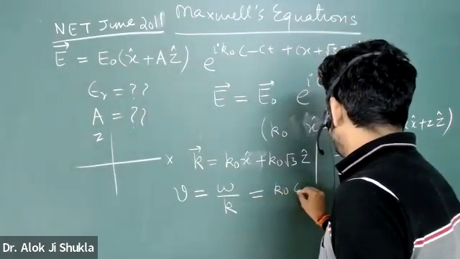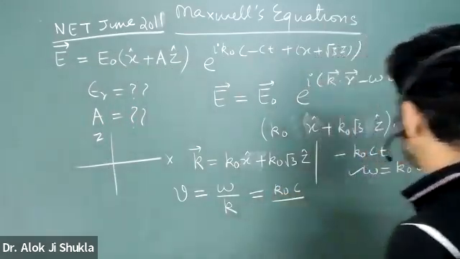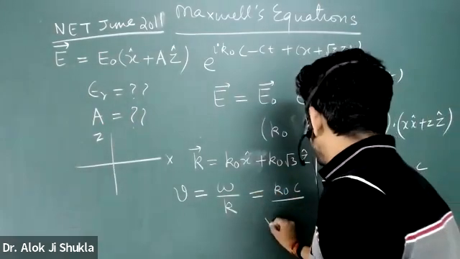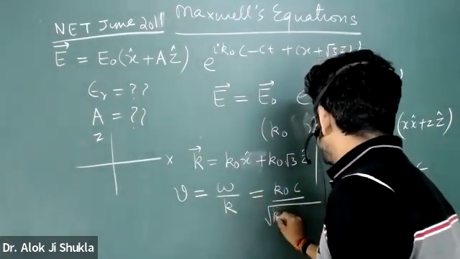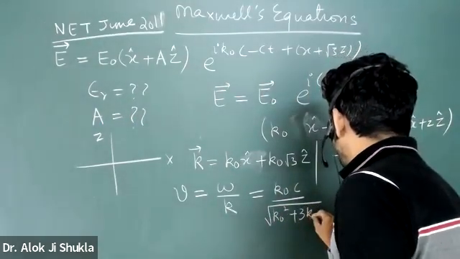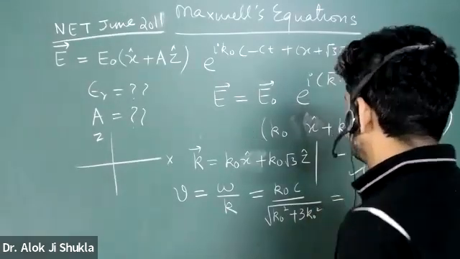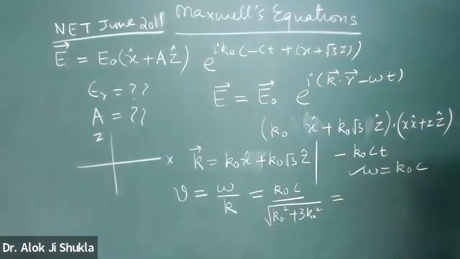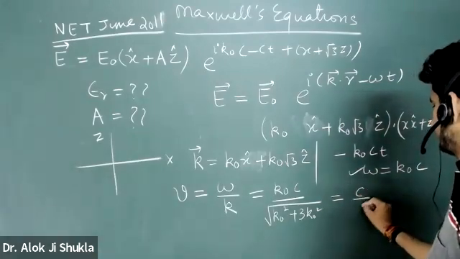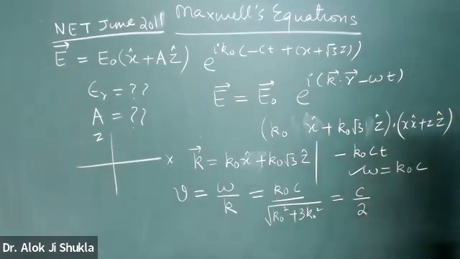K naught c by what is K? K naught under root of K naught square plus 3 K naught square, that is equal to c by 2, I think. C by 2? Yes, check once.